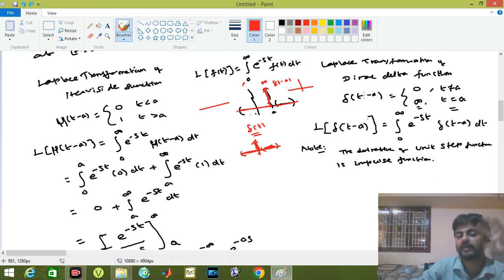So when talking about probability and statistics or probability dynamic processes, I will briefly explain what this is in those areas. Okay, so for now this much is needed. The derivative of unit step function is impulse function or unit impulse function. The derivative of the Heaviside function is the Dirac delta function. You have to know that. Okay, also there is a special note.